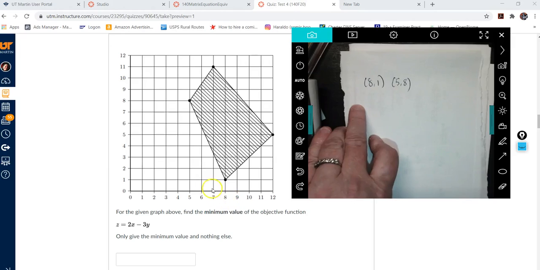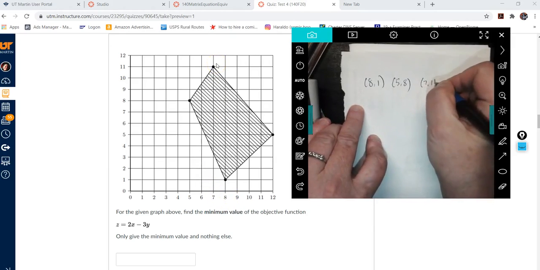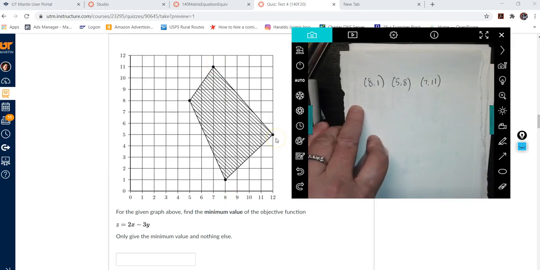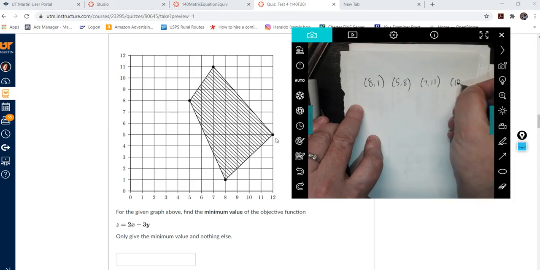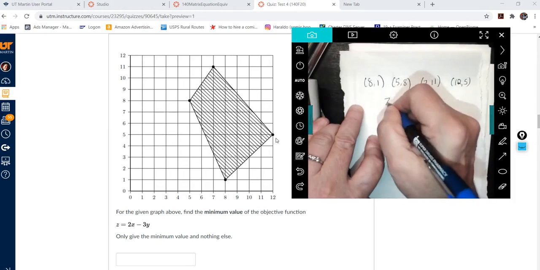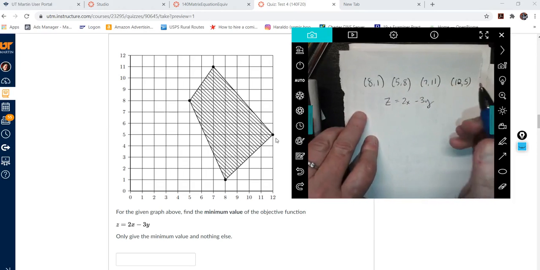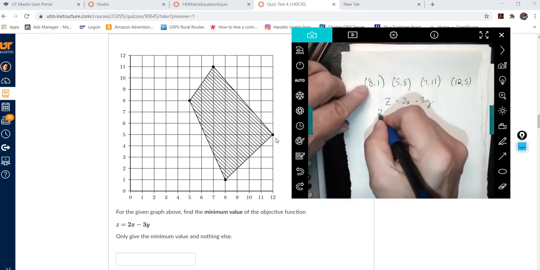And then I've got 7, 11. And then I've got 12, 5. And the objective function here is 2x minus 3y. And we need to know the minimum.